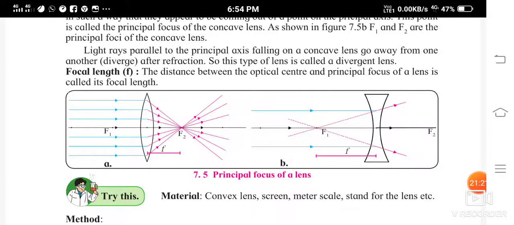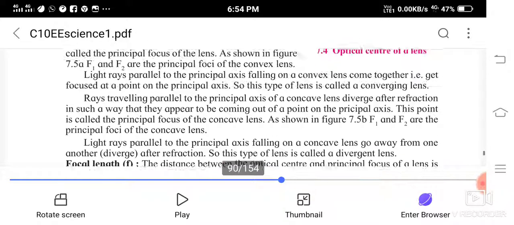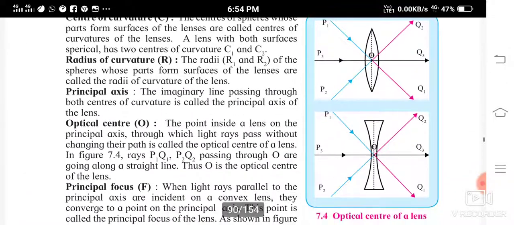Now, focal length: the distance between the optical center and the principal focus of a lens is called its focal length. I have shown you a small video clip regarding this.